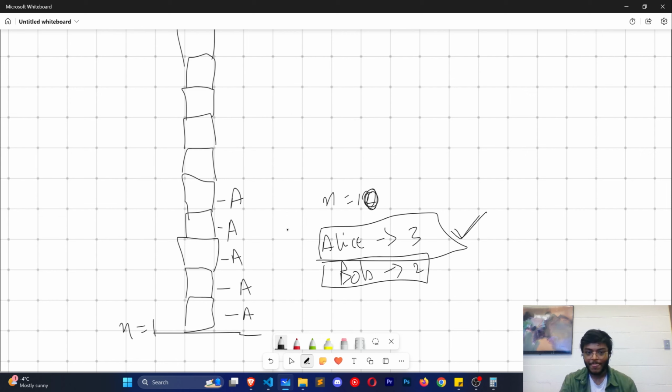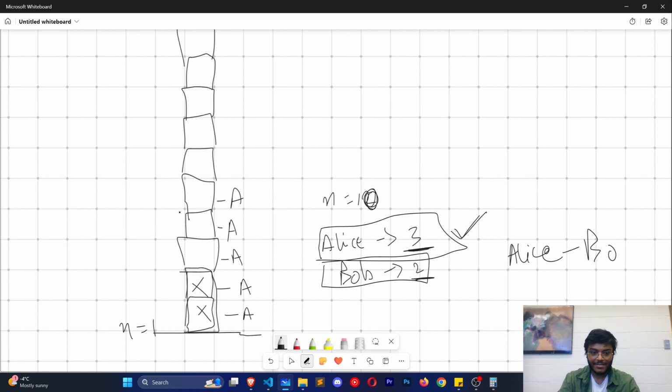And why is that? Let's say over here Alice has 3 and Bob has 2. Just see this. Bob can pick two stones, right? He can pick these two. Now the thing is, Alice can remove Alice minus Bob number of stones. So over here it would be 1, right?